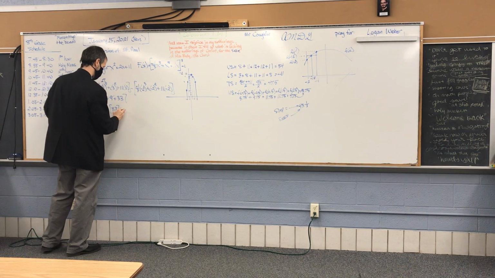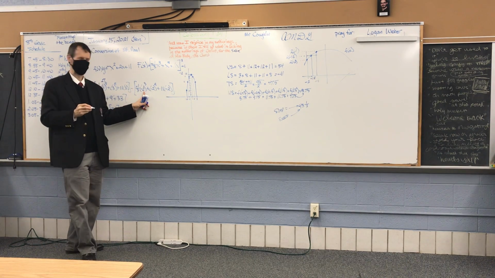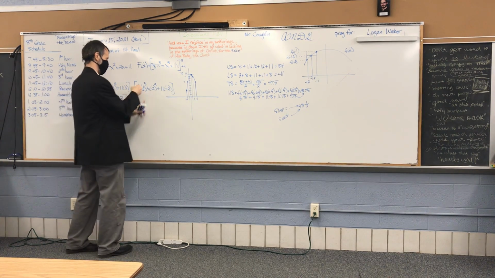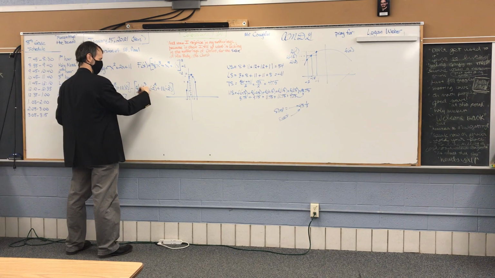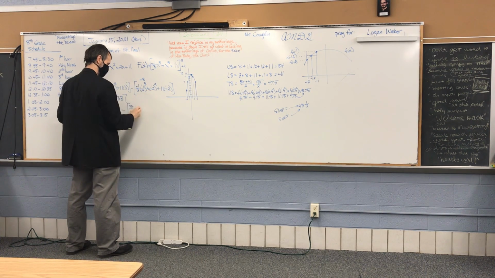Minus, now here, what's -2 cubed? -8. So -8 times -1/3 should be 8/3. Plus, what's this? -4. Plus -22.